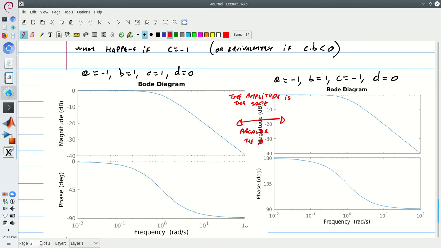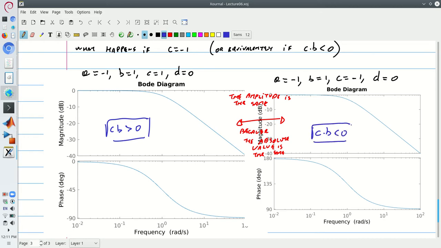But what changes is that in this case C times B is positive, and in this other case C times B is negative. So let me stress this as much as I can. In this case C times B is positive, and in this case C times B is negative.